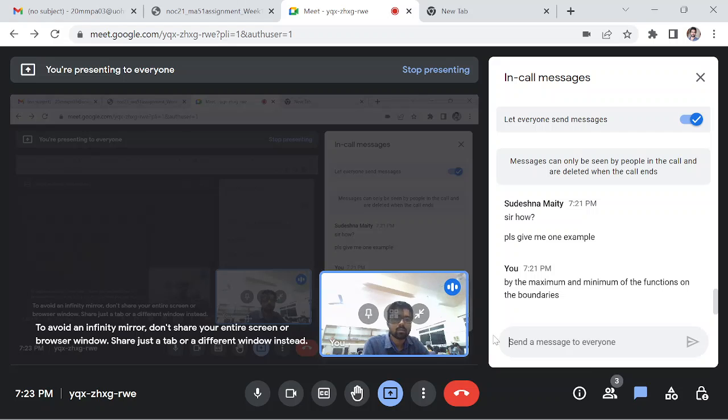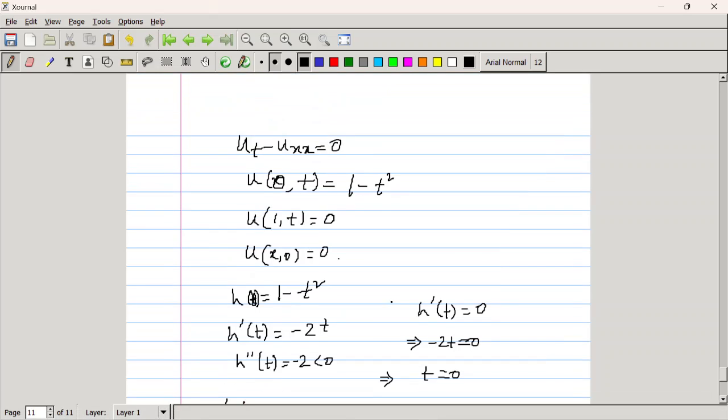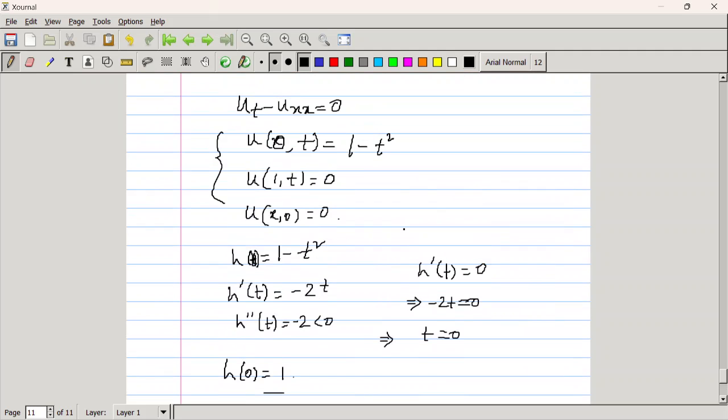That is an example I gave you. If you change the initial and boundary condition, you get maximum value 1. But suppose I change it to half minus t square. So h of t equals half minus t square.